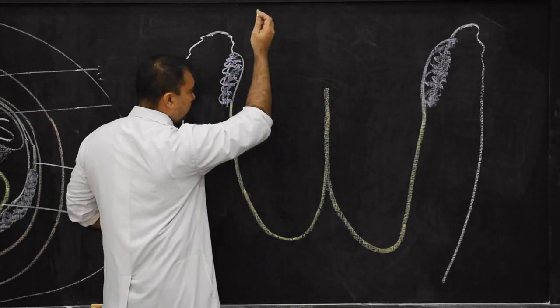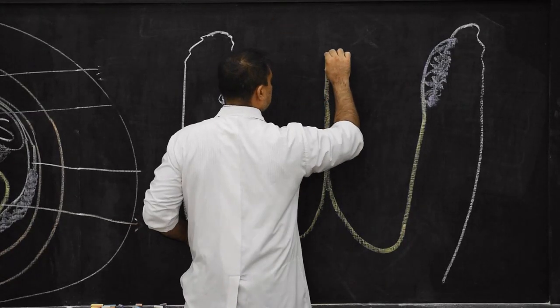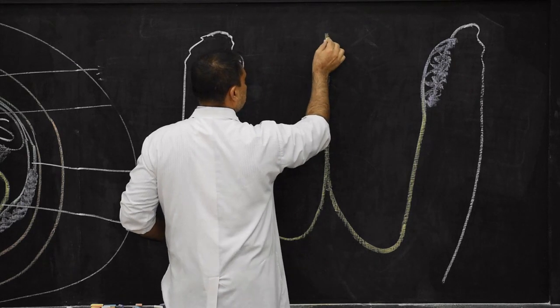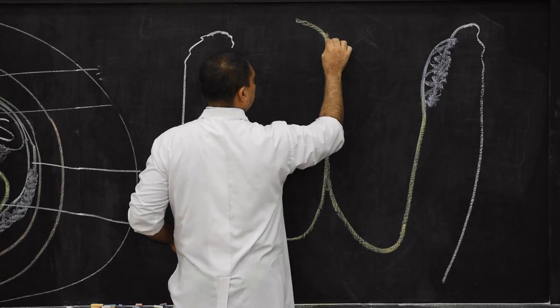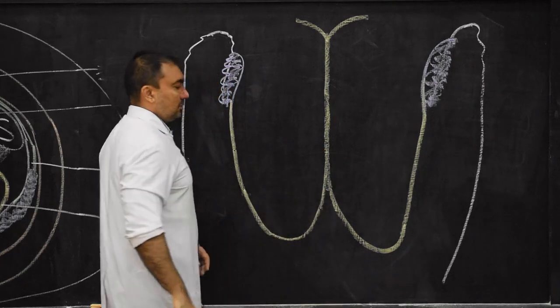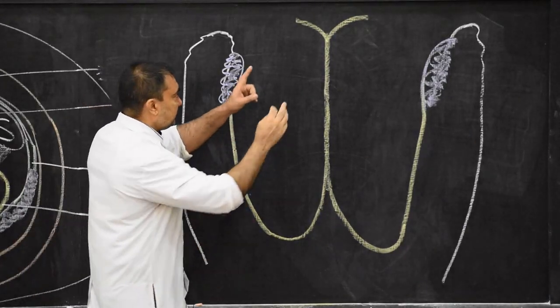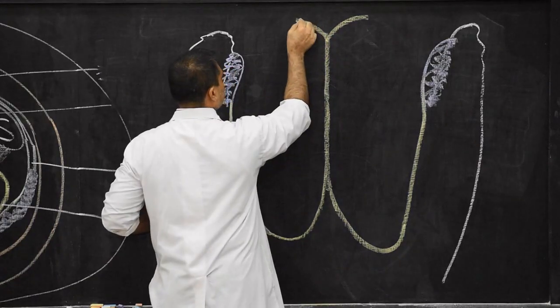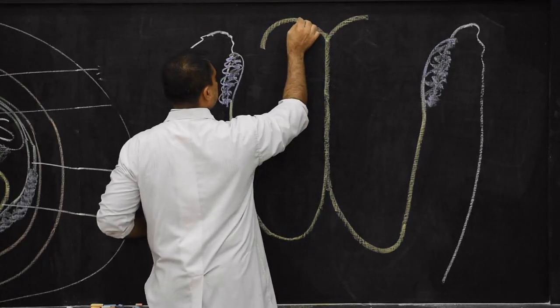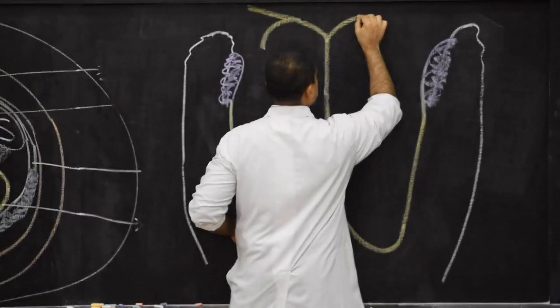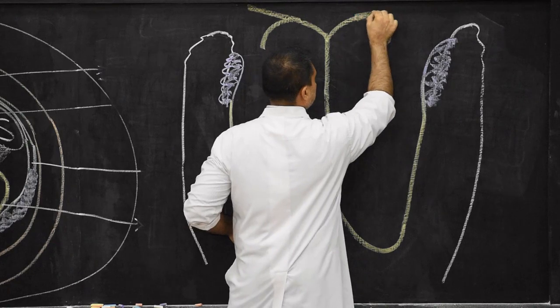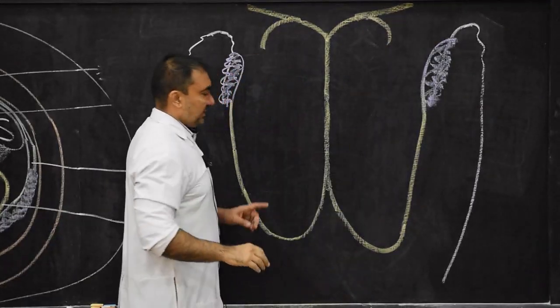This body of fornix will go forwards, and then here it will split into the two anterior columns of the fornix. These two anterior columns we show once again split into two parts. This is how we show.